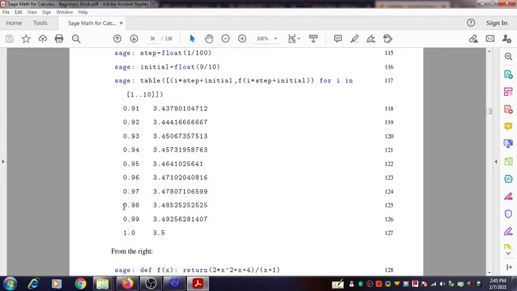So by analyzing the values available in the table, you can see that the limit of the function at the point 1 is 3.5.